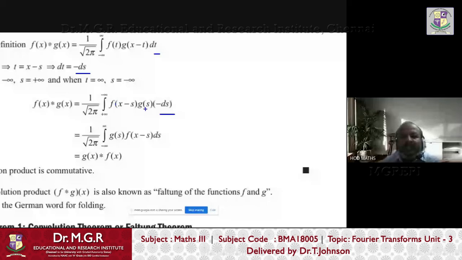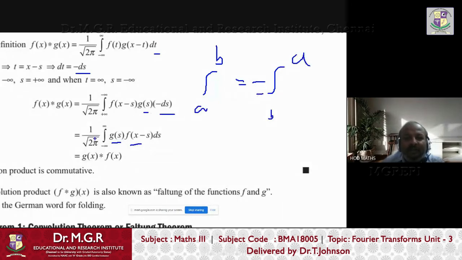This g of s is as it is, f of x minus s is here, and dt becomes minus ds, and the limits are changed. Now you should know one thing about integration: integral a to b is the same as minus integral b to a. So if limits are changed, the sign should be changed.